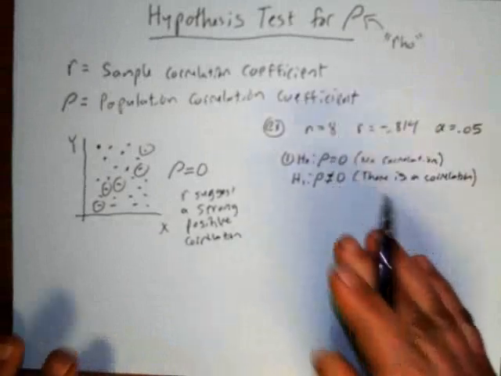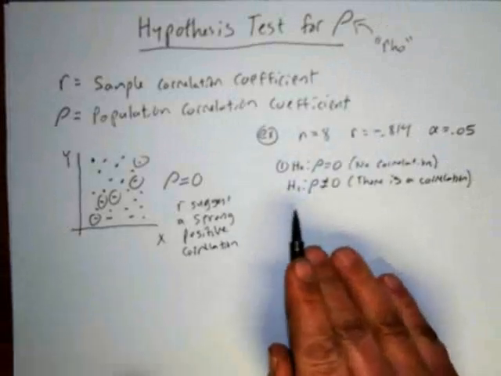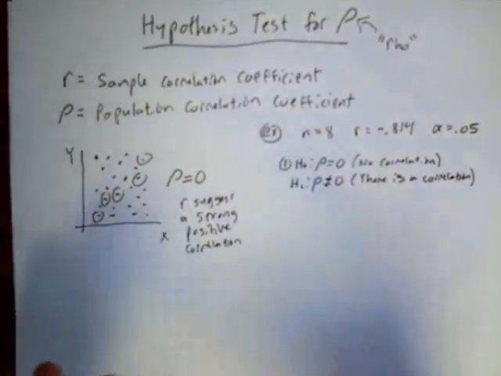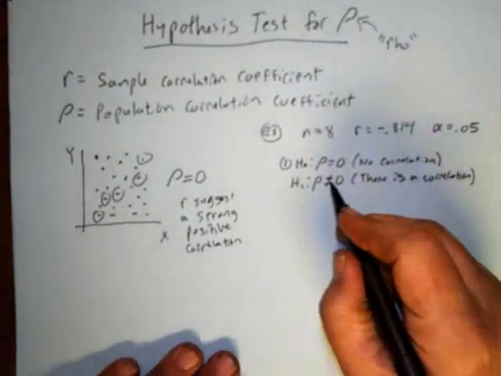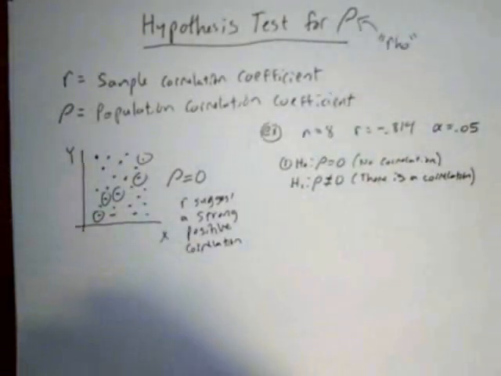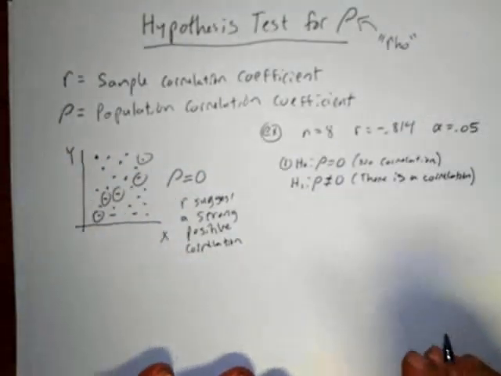The null hypothesis assumes there's no correlation, no relationship, and the alternative is that there is a correlation. There is some correlation, or at least rho is not equal to 0. So this test is just testing to see that rho is not equal to 0.